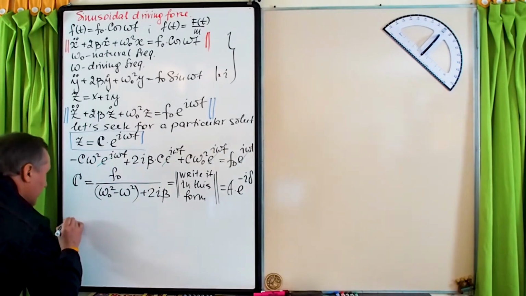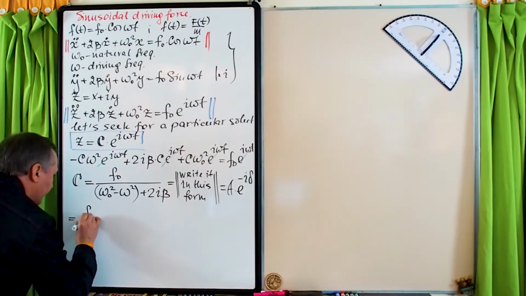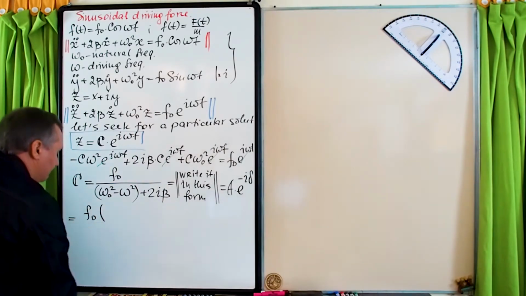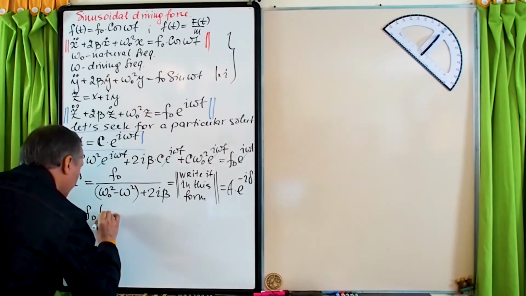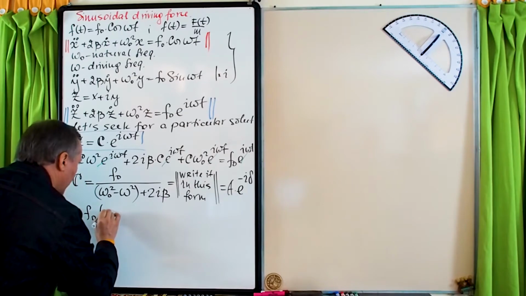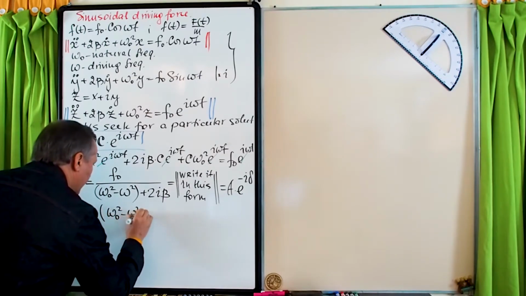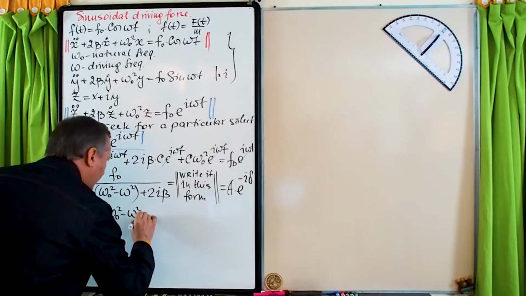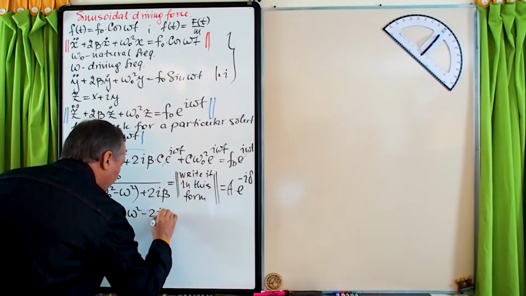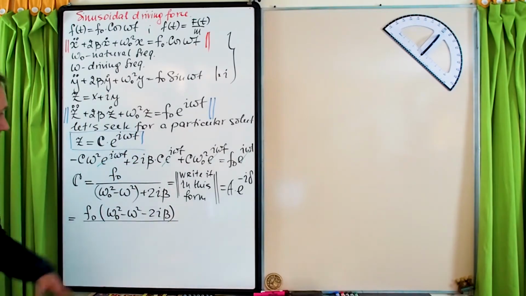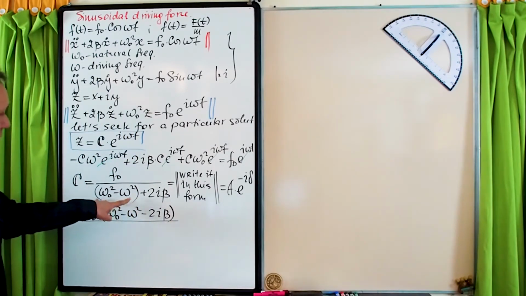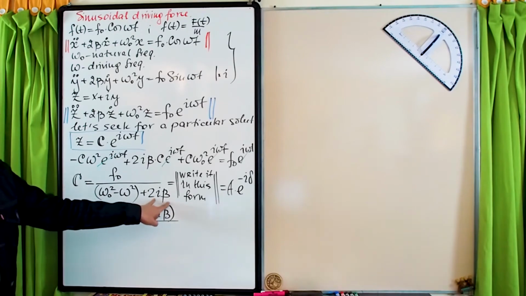All right, so as a result, I can write f naught times the complex conjugate, omega naught squared minus omega squared minus 2i beta, divided by this times its complex conjugate, which will be the square of this plus the square of that.